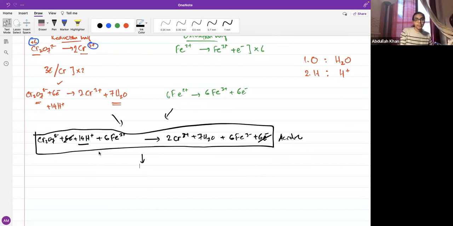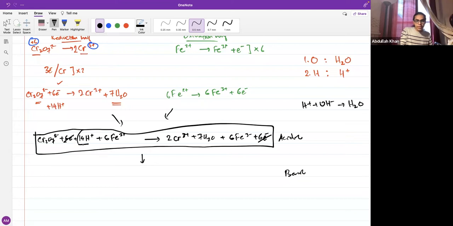H plus is acid. Acids don't survive in basic solutions. They get neutralized. So the last step to go from acidic to basic medium is to neutralize any H plus with OH minus. H plus and OH minus react to neutralize each other to form water.